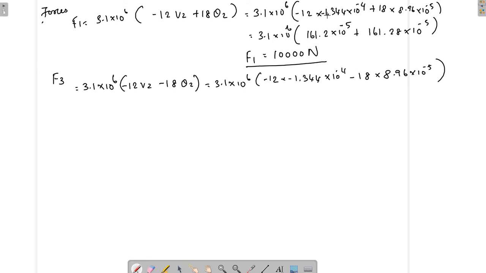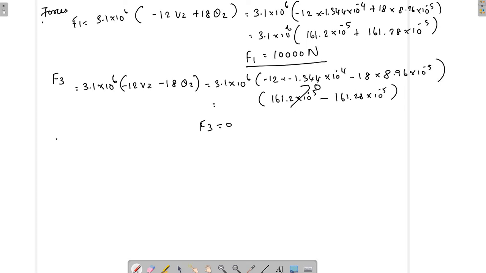Even though the value is the same, the sign is somewhat different because here we have a minus sign. So it is 161.28 into 10 power minus 5, here minus 161.28 into 10 power minus 5. So it is 0. Finally, the F3 value is 0.